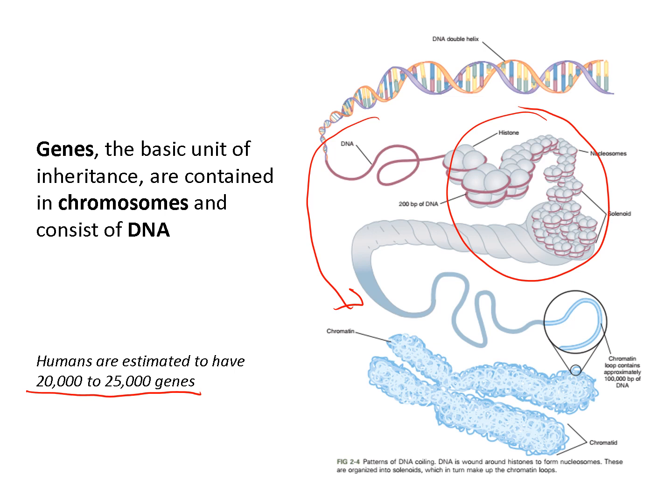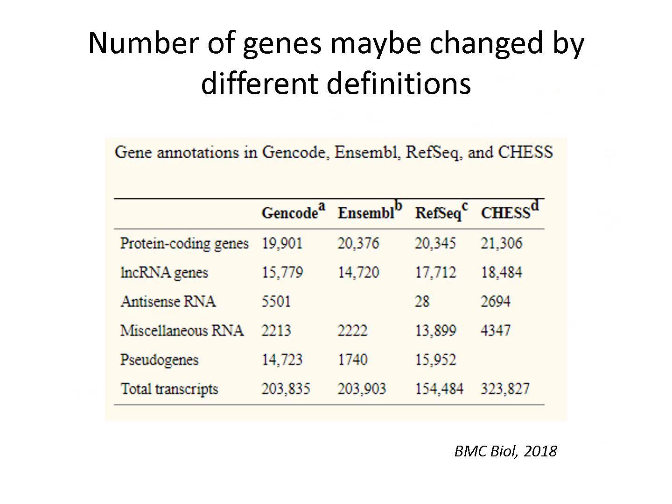But recently, other scientists tried to revisit that question, and they found that the number of genes may change by different definition. For example, in here we have the protein coding gene, and the columns are shown by different databases.